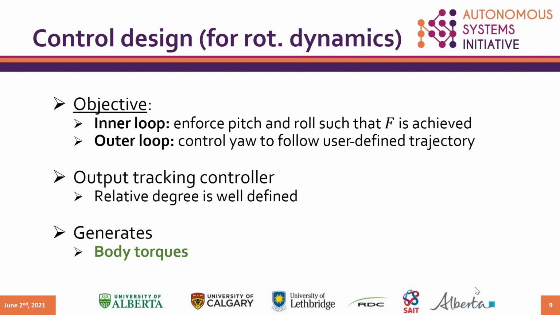The objective of the outer loop is to control the yaw angle such that it follows a user-defined trajectory. Here also we use an output tracking controller, and the relative degree is well defined with the output being roll, pitch, and yaw. This control design generates body torques, and together with the thrust that has been generated with the previous control design, we have fully defined the input of the system.